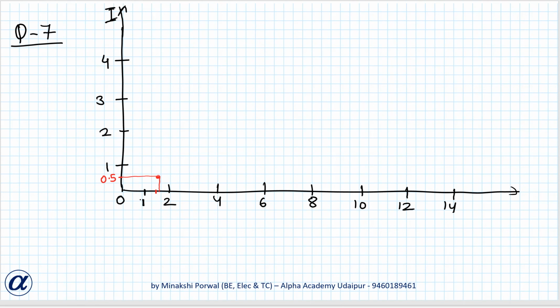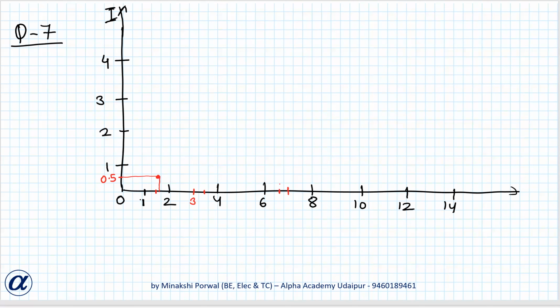Similarly, when V is 3.4, this is 3, so 3.4 will be roughly here. You can take the exact point on the graph, and it is equal to 1. Next, when V is 6.7, this is 7, so 6.7 is somewhere here.